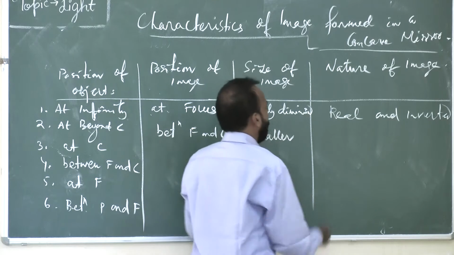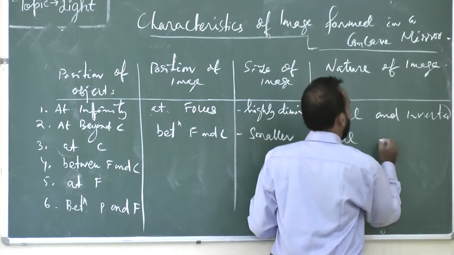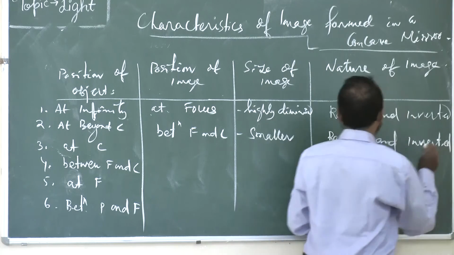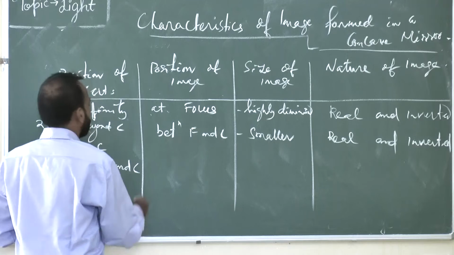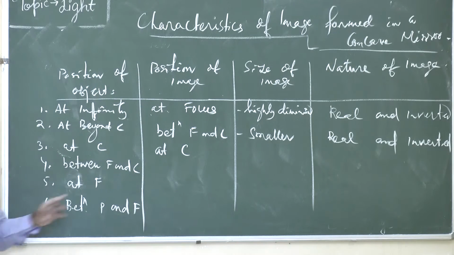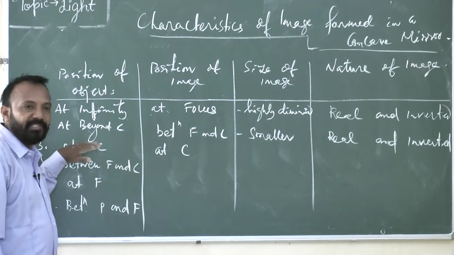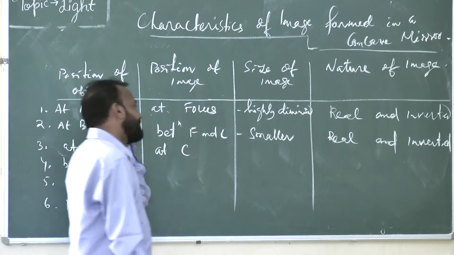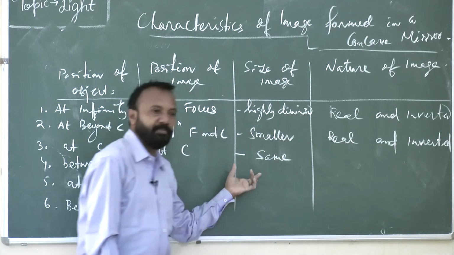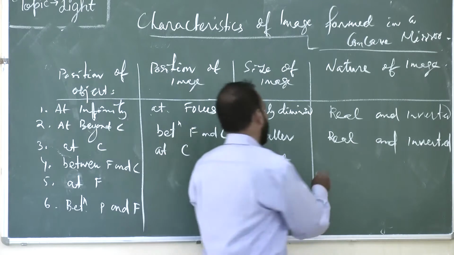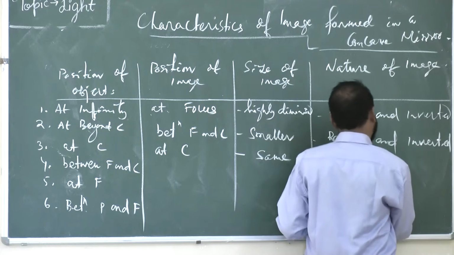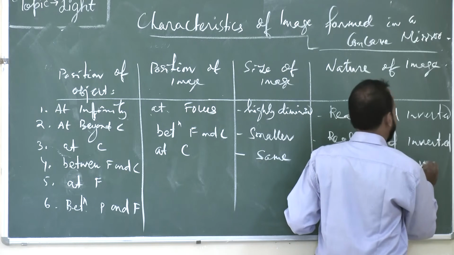What will be the nature? Real and inverted. Next, at C, the image will be at C only. If the object is at C, the image will also be at C only, and you will get the same size. And the same thing, real and inverted.